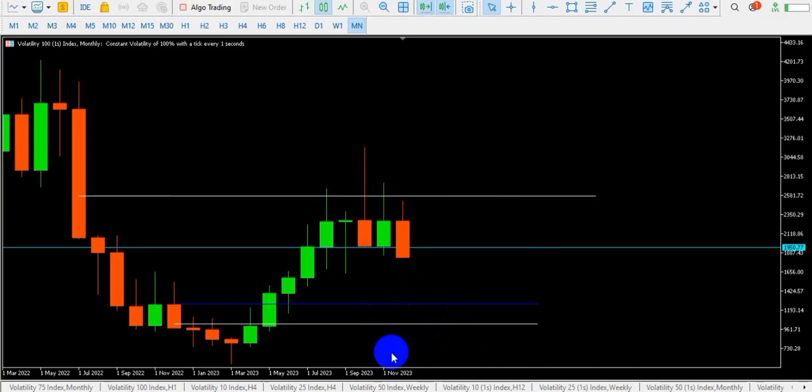Now what I want to say is, when defining your bias and narrative, I want you guys to take note of this. When you are defining your bias or the algorithm's bias and narrative using higher time frame PDRA as your compass, we want to have this at the back of our mind. And what is that? I'll just give you the point of view of what I have on my mind.